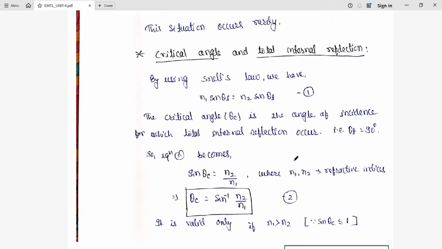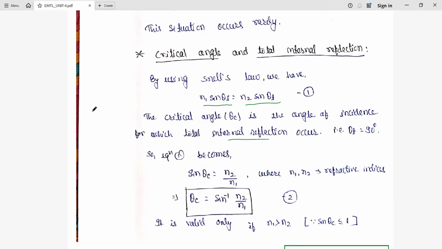Now next is the critical angle and total internal reflection. In the Brewster angle case, we have seen that no reflection takes place. Here it is the opposite of that. By Snell's law, we know that n1 sin theta I equals n2 sin theta t, where n1 and n2 are the refractive indices. The critical angle is defined as the angle of incidence at which total internal reflection occurs.